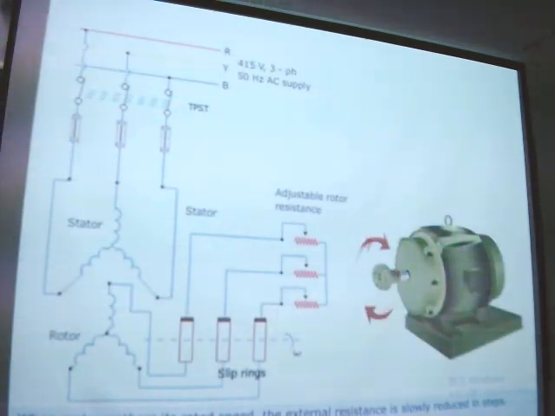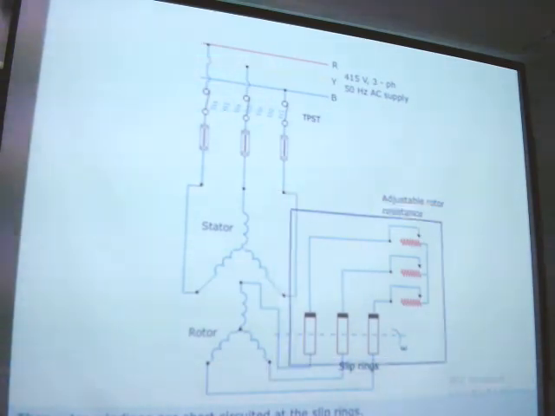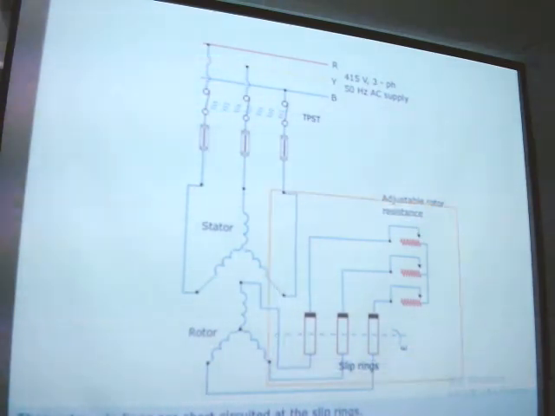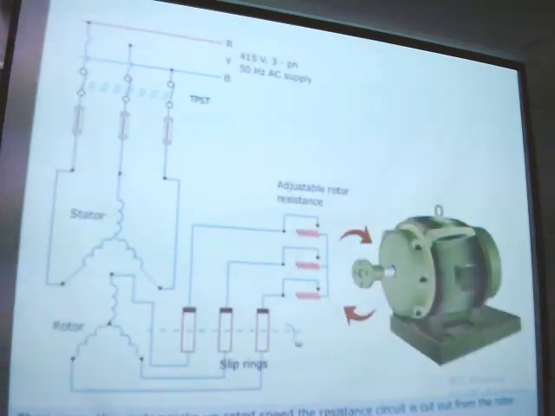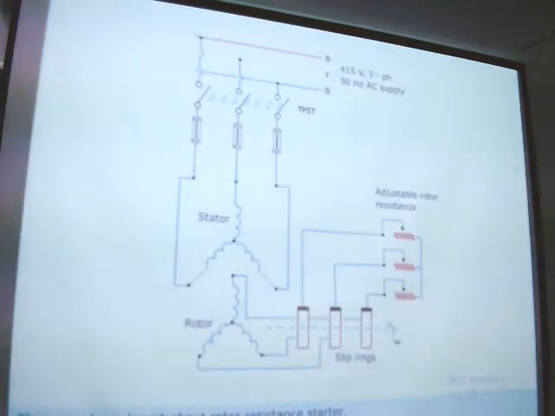When motor gathers its rated speed, the external resistance is slowly reduced in steps. Then rotor windings are short-circuited at the slip rings. Thus, once the motor picks up rated speed, the resistance circuit is cut out from the motor. Thus, you have learnt about rotor resistance startup.